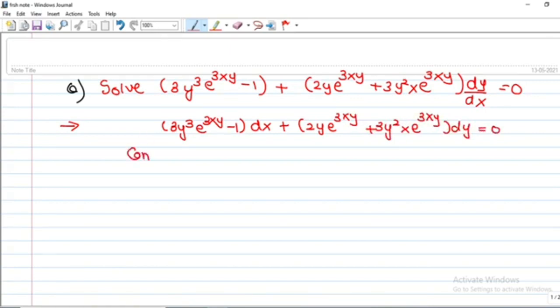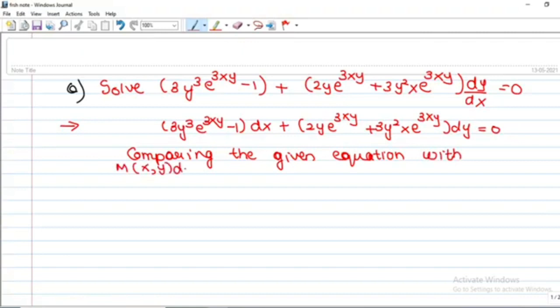Now, comparing the given equation with which equation are we going to compare? M(x,y) dx + N(x,y) dy = 0.